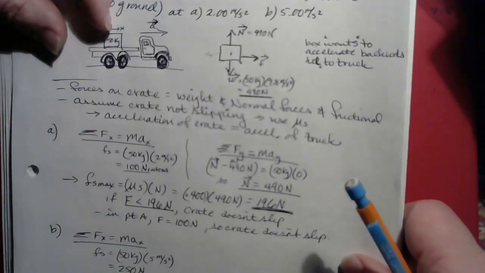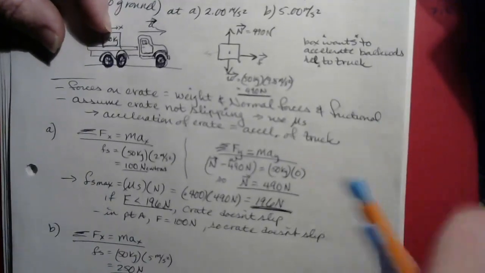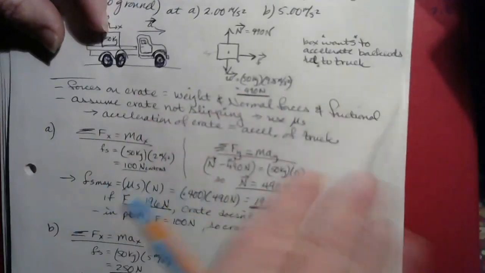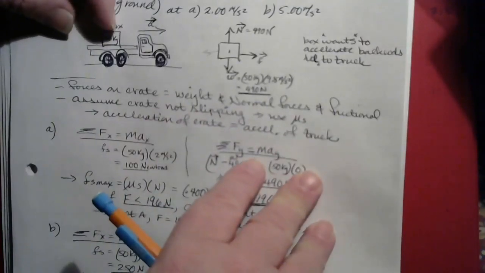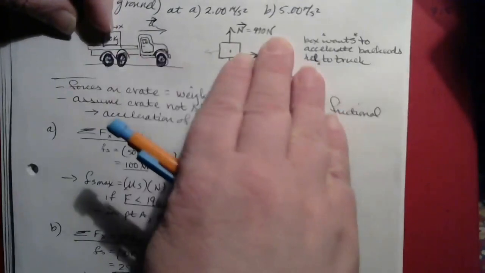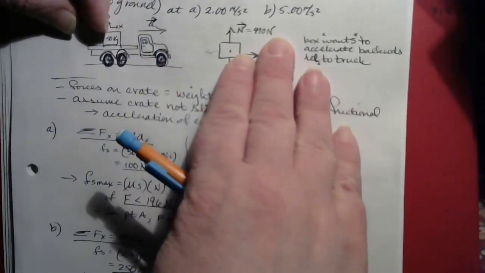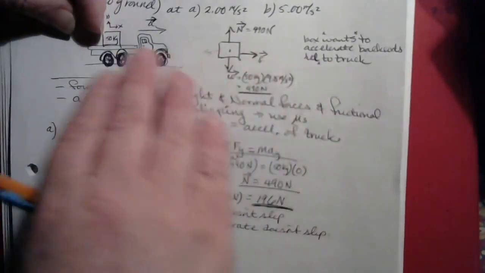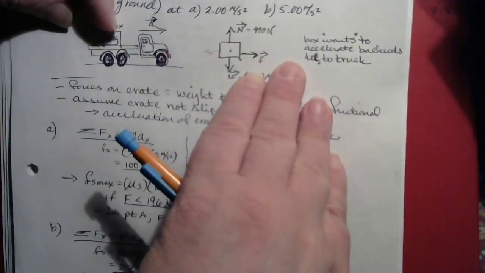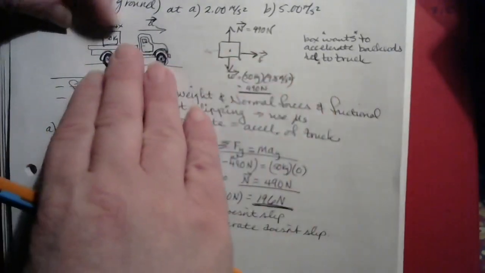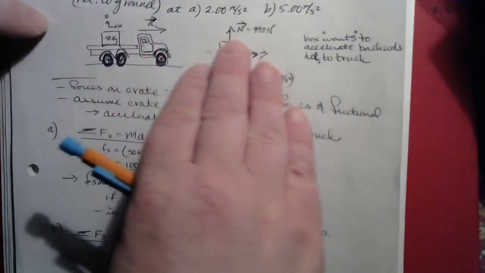In order to get the box moving, you have to overcome a certain inertia. If the truck moves too fast, the box will lose its grip. But because of the box's inertia, it will tend to stay where it is while the truck moves out from under it. And the net effect is the truck's moving forward, the box is basically staying where it is, and the box appears to be moving backwards relative to the truck.